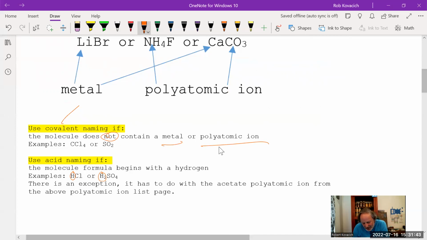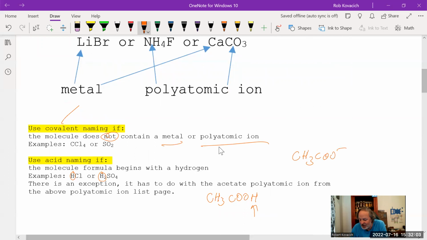The exception to that is acetic acid. You can see acetic acid written CH3COOH, and there's the H that makes it an acid. So how are you supposed to know that this is an H? Well, because you know that CH3COO is acetate.